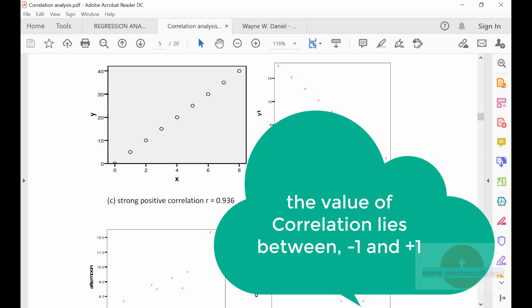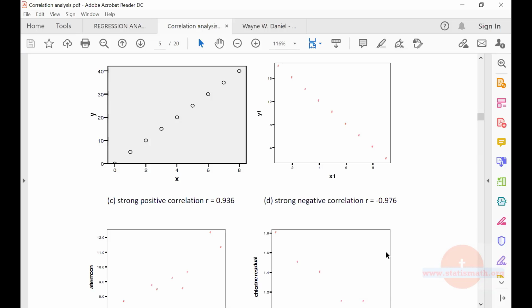There is a range, so you can't give a correlation value of negative 2 point something or 1.78. The value must be limited to -1 to +1. If it goes beyond that, then you are making some mistake somewhere, so you need to look at the calculation, or if it is in software, how you did it. You have to look back at that procedure.